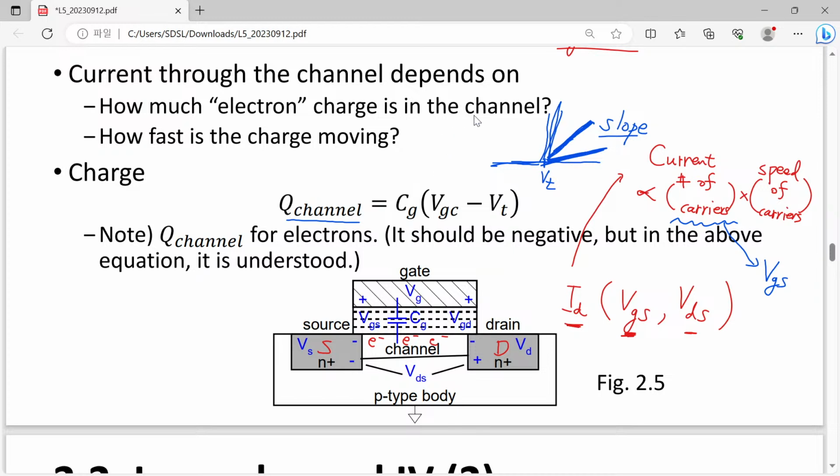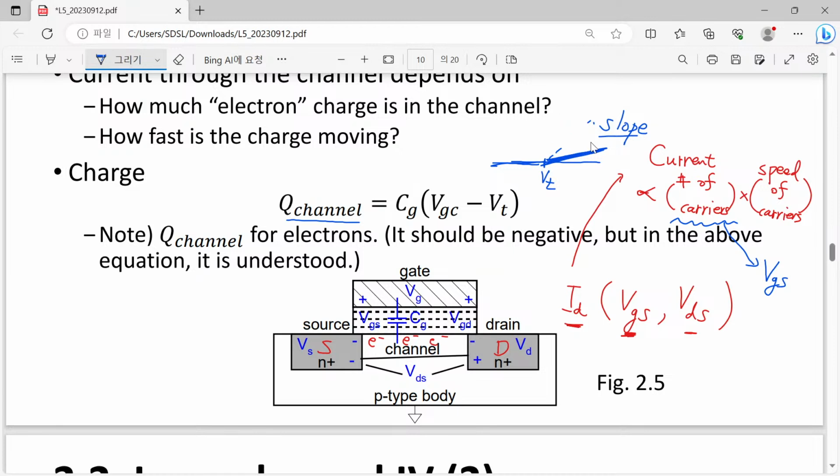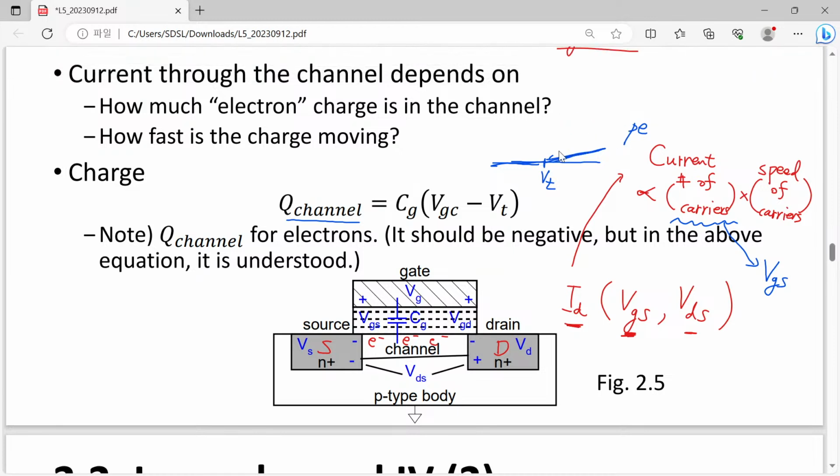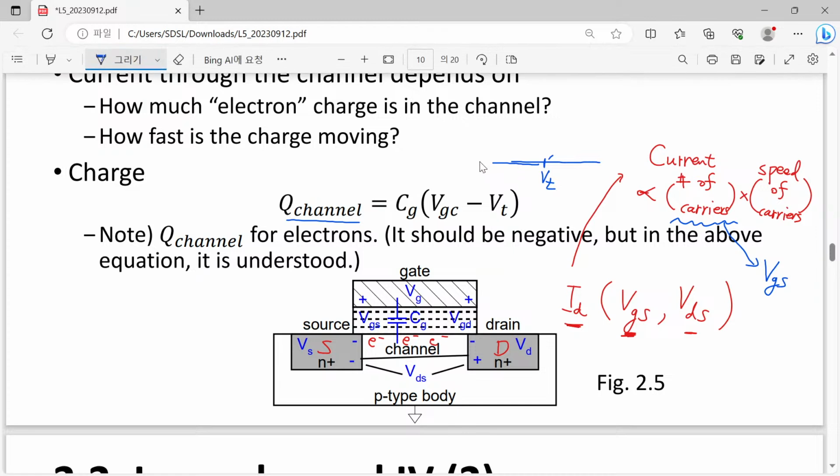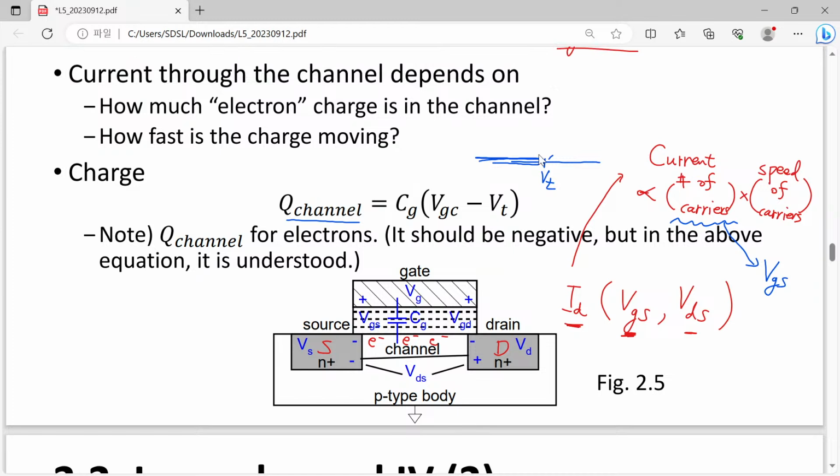We want a really steep behavior. Below threshold voltage, we don't want inversion charge. However, beyond threshold voltage, we want a steep increase of our charge density. Therefore, the desirable one is a higher and higher gate capacitance.